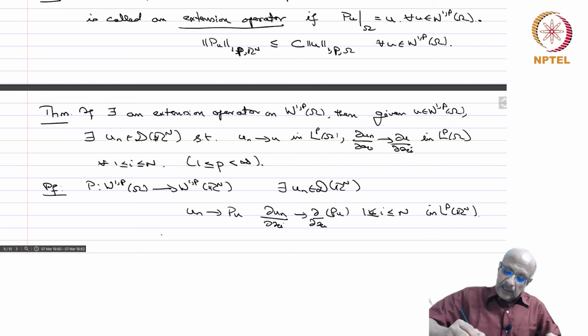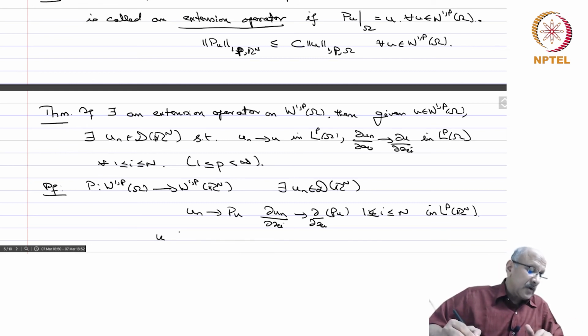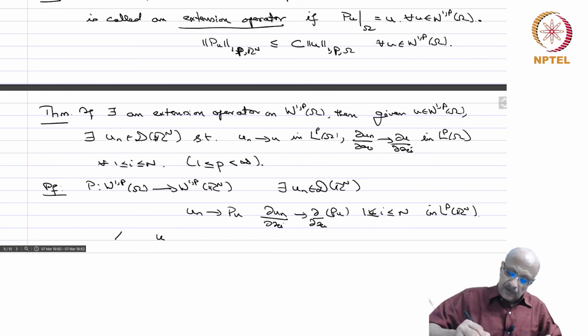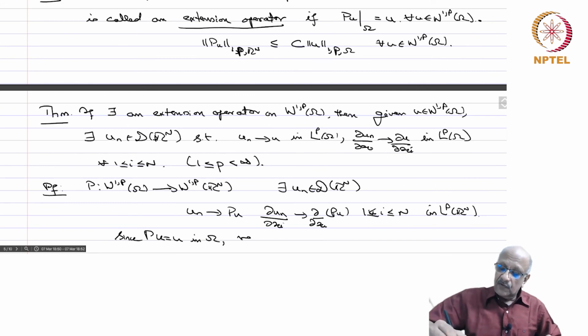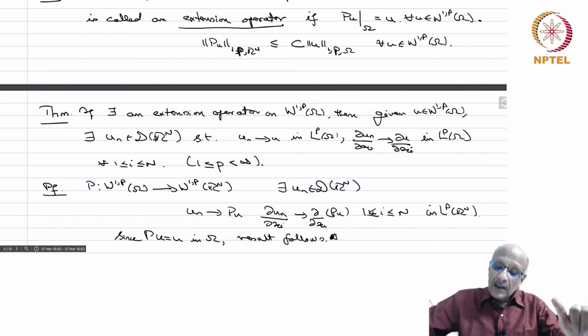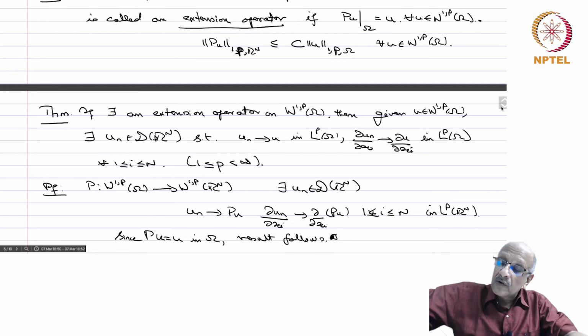So, now you just take u_n; this u_n itself will work. Therefore, since Pu equals u in omega, the result follows. So, the question is when do we have extension operators? We will see that it depends on the nature of the set omega, in particular on the nature of its boundary, and therefore how we can extend depends on the domain. We will see results which talk about that.